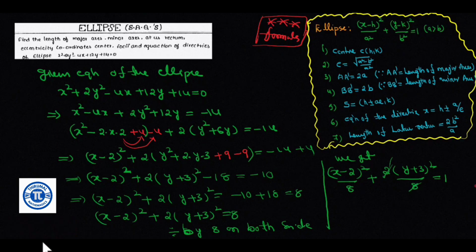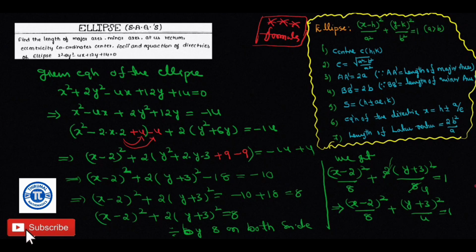Here 2 fours are 8, so the equation of the ellipse is x minus 2 whole square by 8 plus y plus 3 whole square by 4 is equal to 1. Here a square equals 8 and b square equals 4, clearly a greater than b.